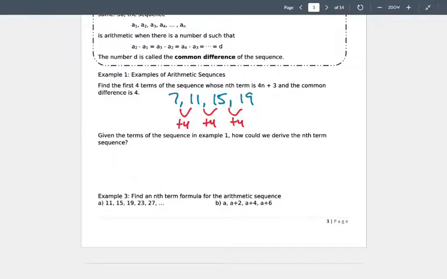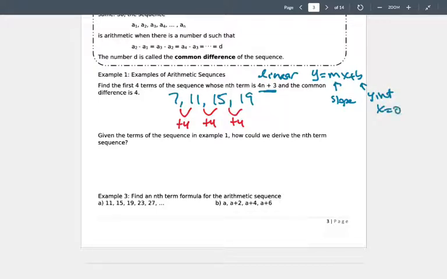Okay, so in looking at that sequence that we just talked about, one thing I want you to notice is that the formula that they had us using is linear. Every one of these formulas for arithmetic sequences will give you a linear equation, kind of in the form y equals mx plus b, where m is your slope and b is your y-intercept, or basically when x equals 0.